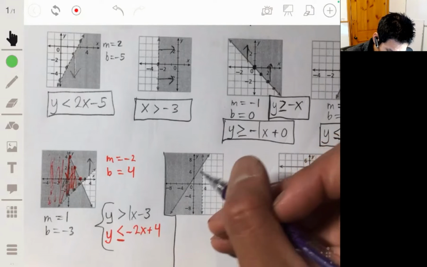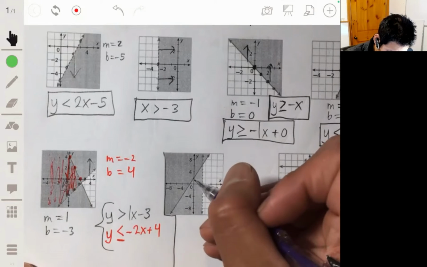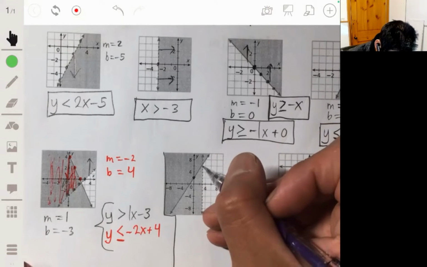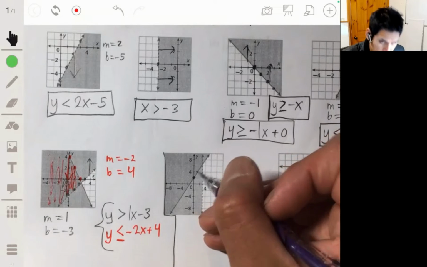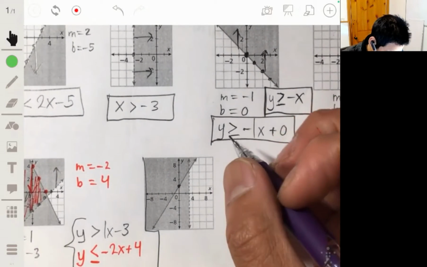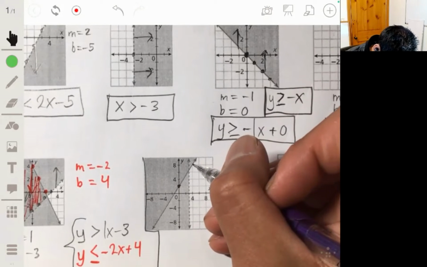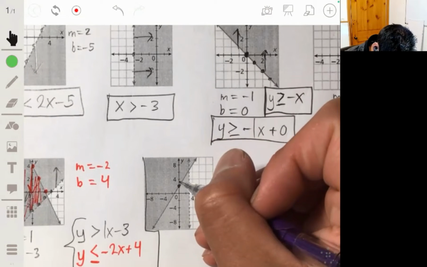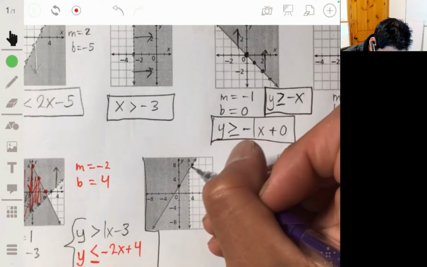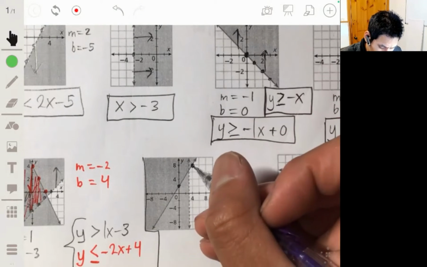So here we got, this is a good one. We have this line here. Oh, and you can see that the slope is meant to trick you, but it actually doesn't matter what the scale is. You can see up 3 to the right 2. Technically, the slope doesn't matter.